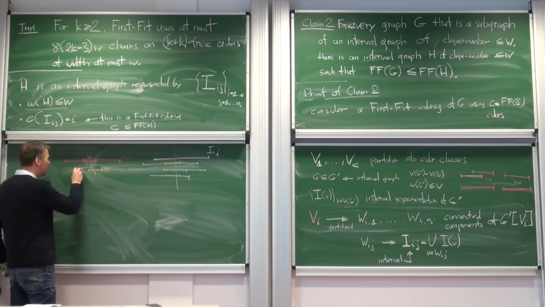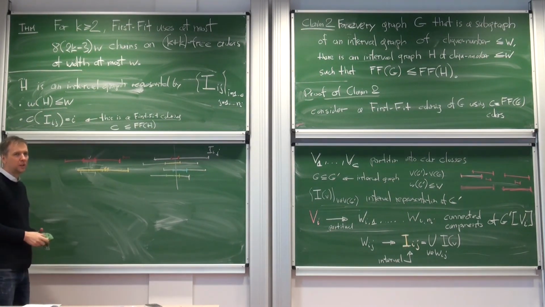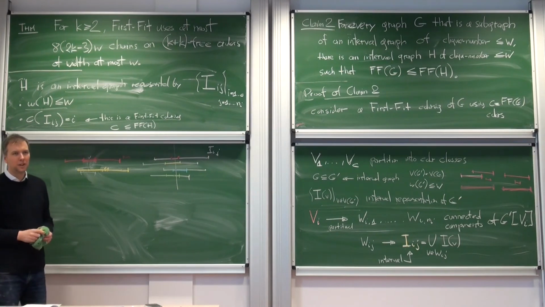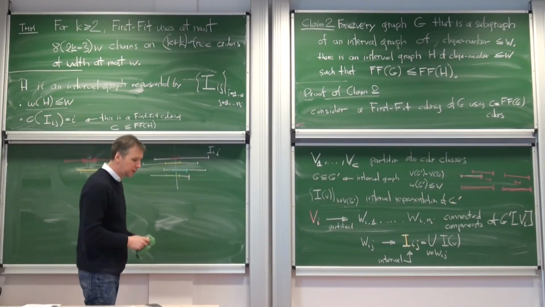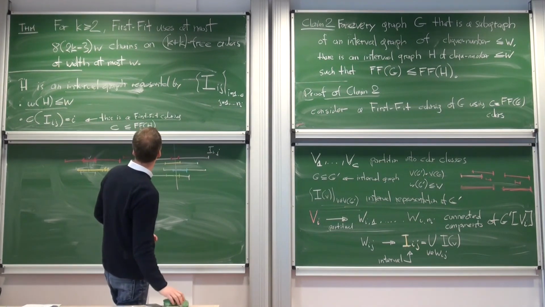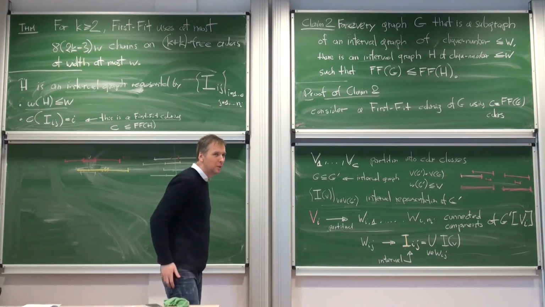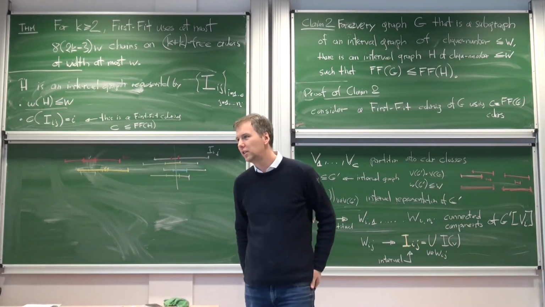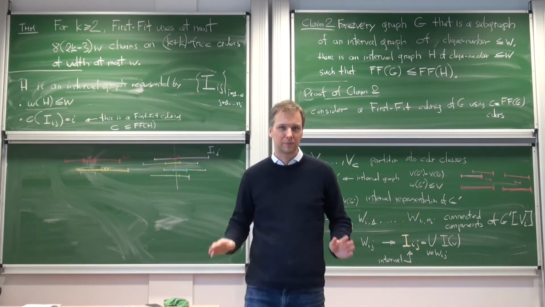And this component could be a larger interval, but definitely this interval intersects the red interval. So that proves that our coloring is first fit. And that finally completes the proof of the theorem, which says that first fit does well on k+k-free posets.